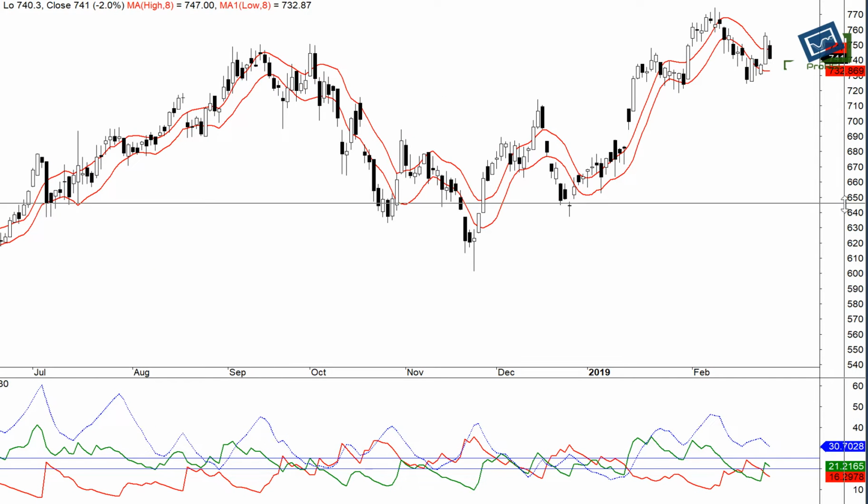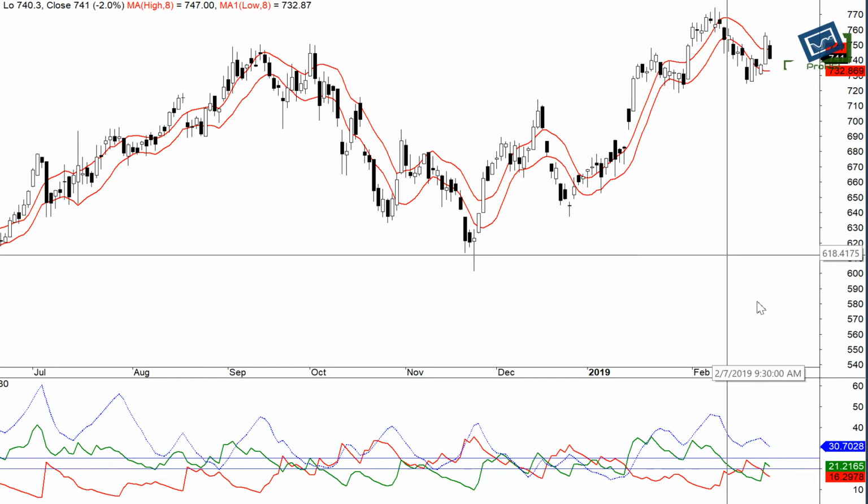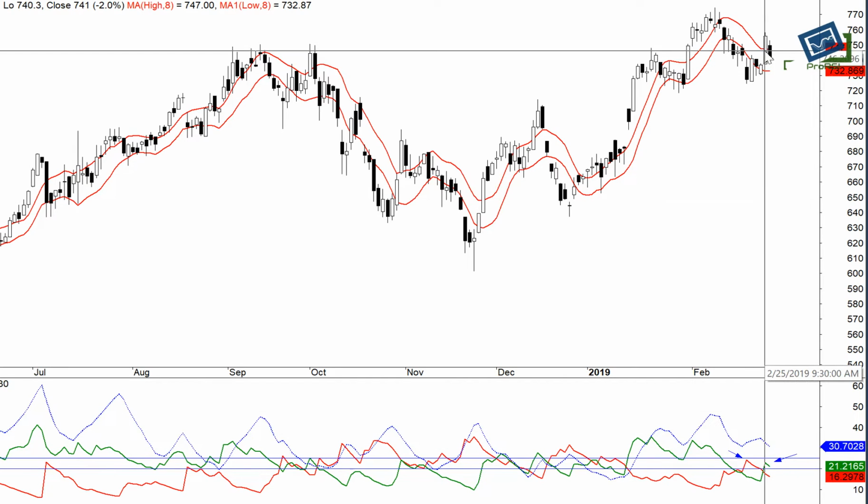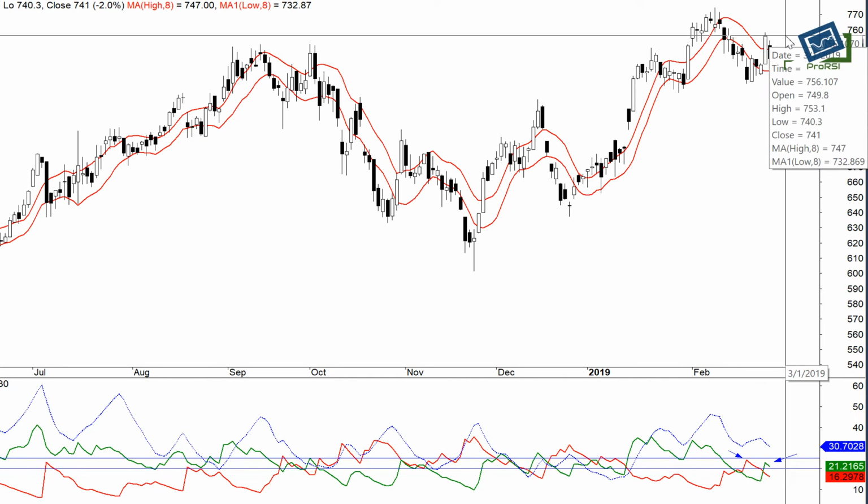So this is the ADX daily chart, and you can see that the green DMI or the positive DMI has been unable to move above the red DMI, that is the negative DMI. So negative DMI is still dominant. Once it moves above the red DMI, then only the uptrend becomes dominant, not before that.